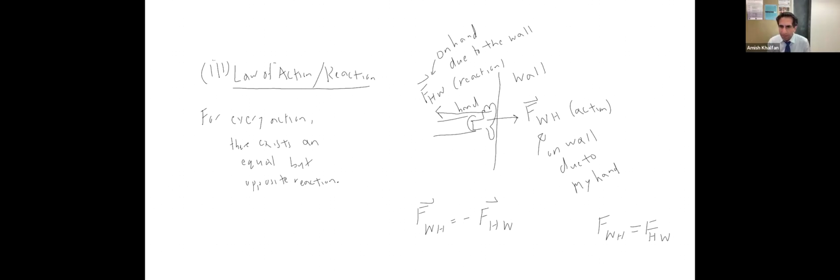Right. It turns out that because of this third law, we find that no force exists in isolation. So a consequence of the third law is to say that no force exists in isolation.